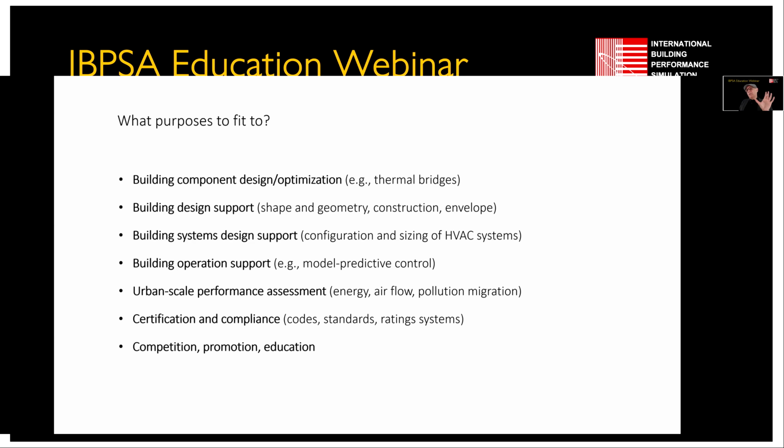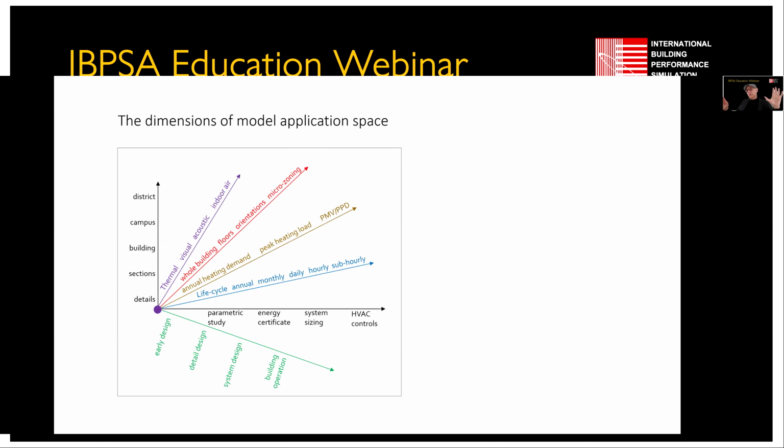So if you think about this in conceptual terms, you can imagine these various dimensions as constituents of a kind of simulation application space. And you can imagine that every query we can think of can somehow be placed in this multi-dimensional conceptual space of the type of things that we do when we use simulation.